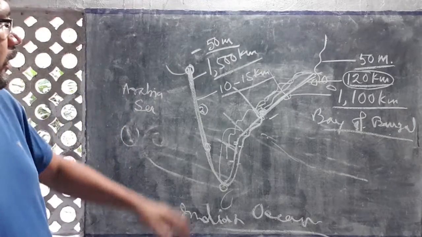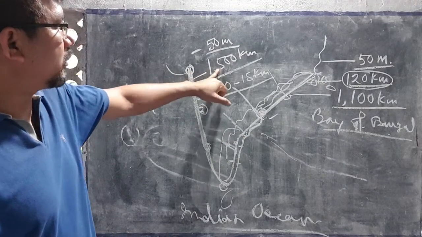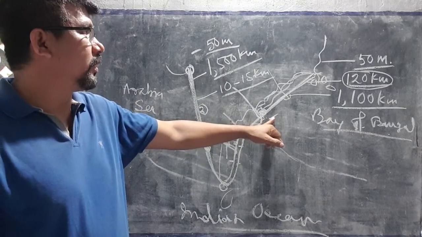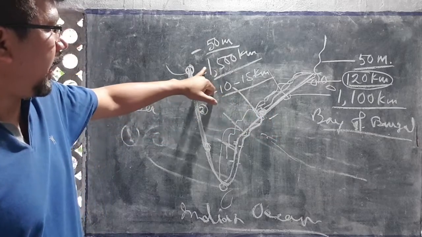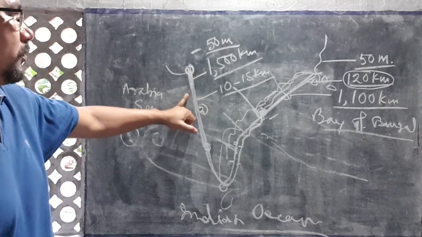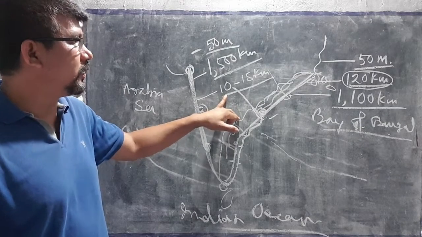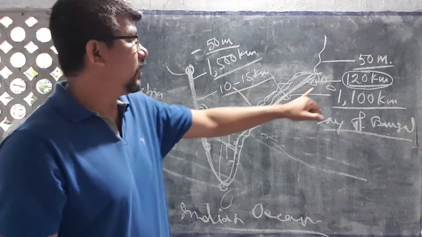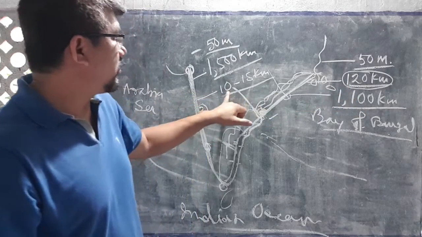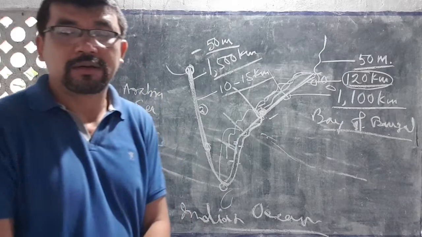Now you see, the coastal regions have lots of differences. The length of this coastline is longer than the eastern coastal region. And on the other hand, the breadth of the west coast is somewhat less than the eastern coastal region. It is 10 to 15 kilometer wide and the other is 120 kilometer wide.